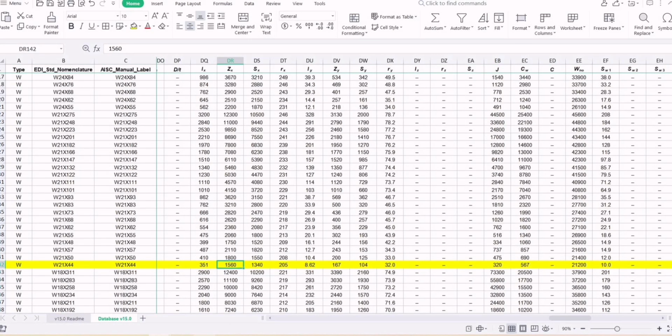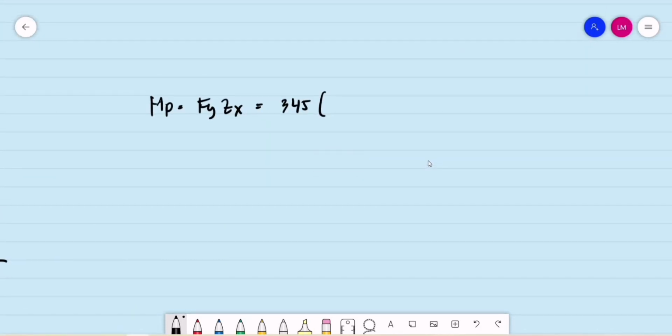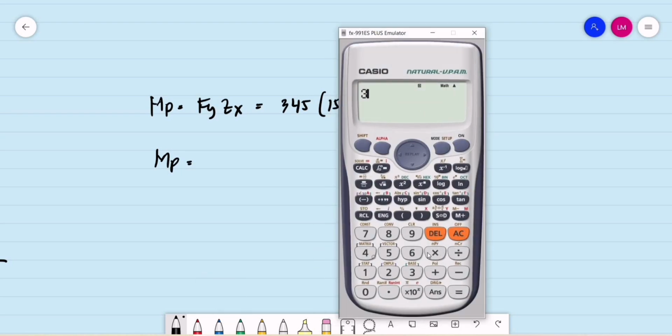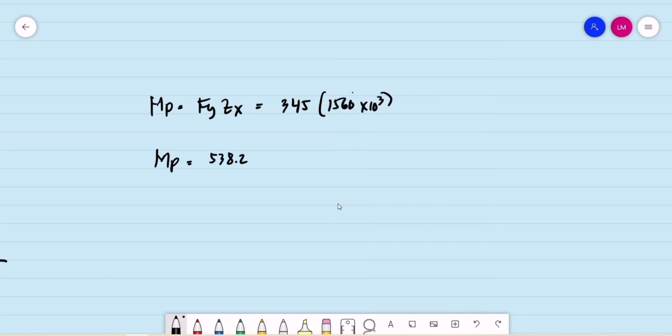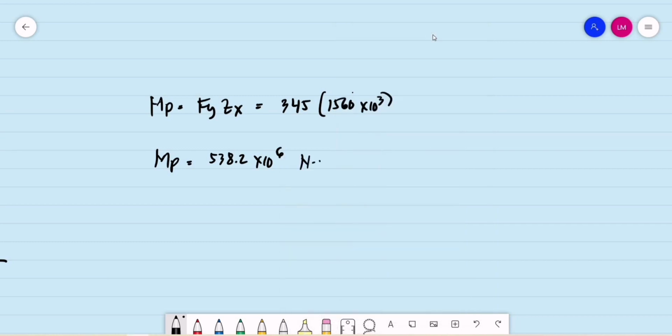Okay, Z sub x is 1,560 times 10 raised to 3. So our value of M sub P is 345 multiplied by 1,560 times 10 raised to 3, and that is equal to 538.2 times 10 raised to 6 Newton millimeter.